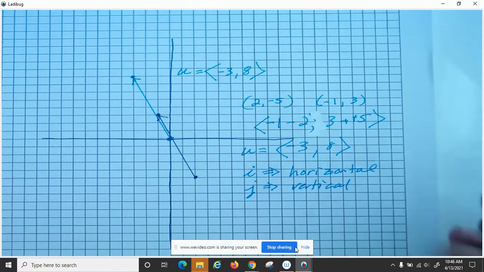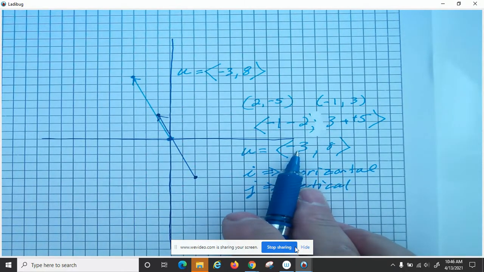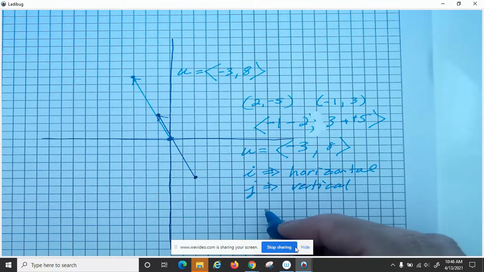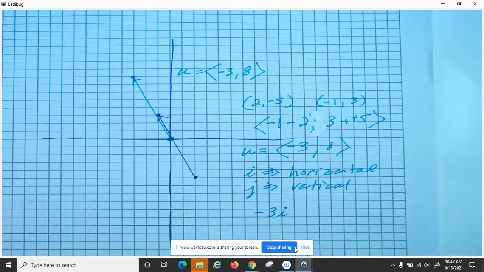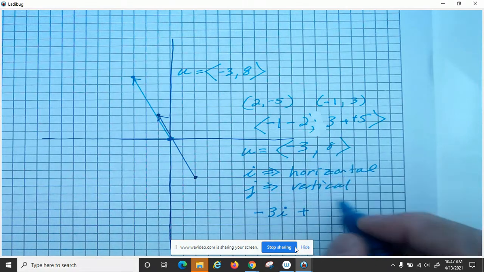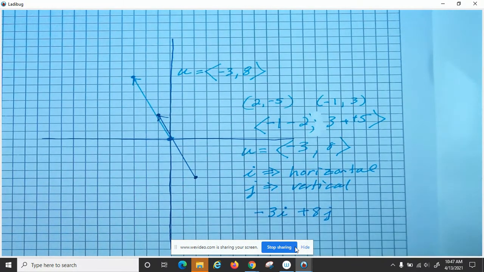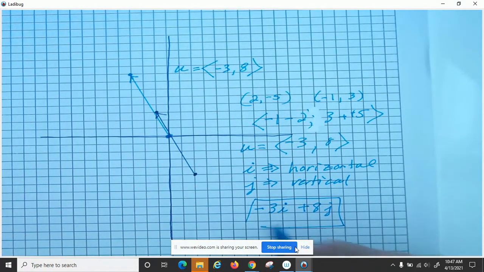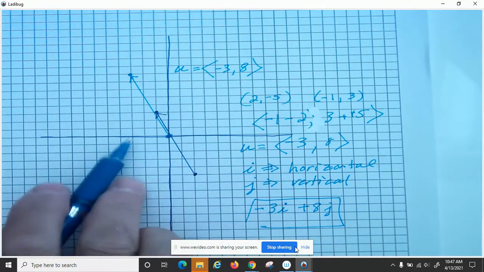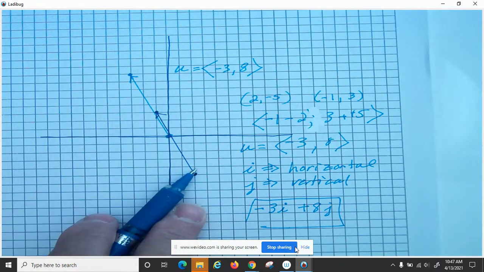So in other words, I went left 3, so that's going to be -3i, and I also went up 8, so that would be 8j. So this is going to be the linear combination of this vector right here.